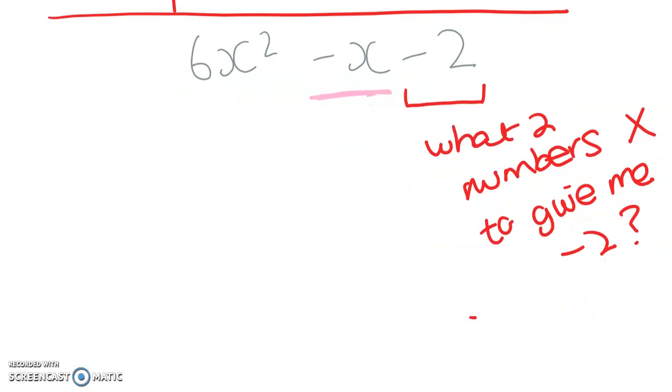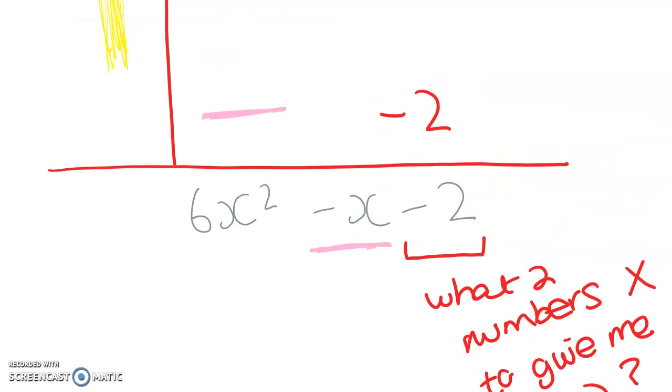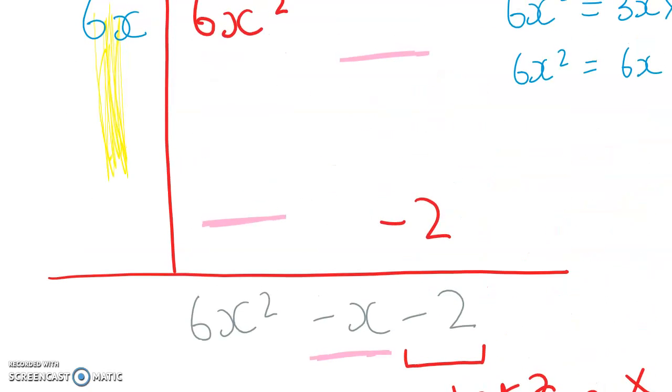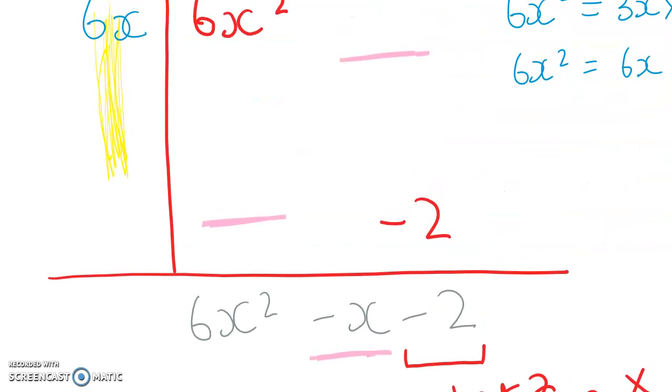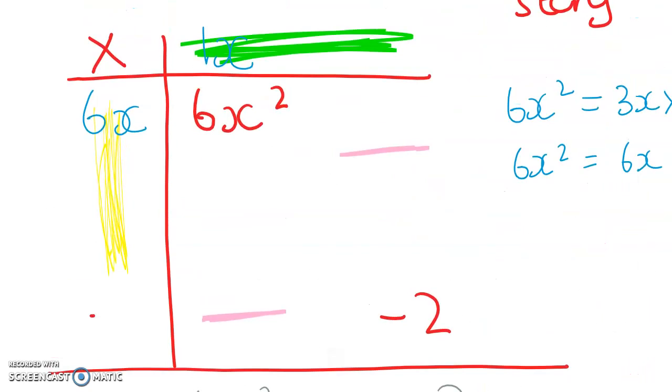Minus 2 multiplied by 1, or it could be 2 multiplied by minus 1. But that will also add to give me minus x. So I need to have two numbers adding to give me the minus x in the center. Now there's two ways I can put in the minus 2, 1. I could say minus 2 down here and 1 here. You don't know, lads, till you try to see if it's going to work.